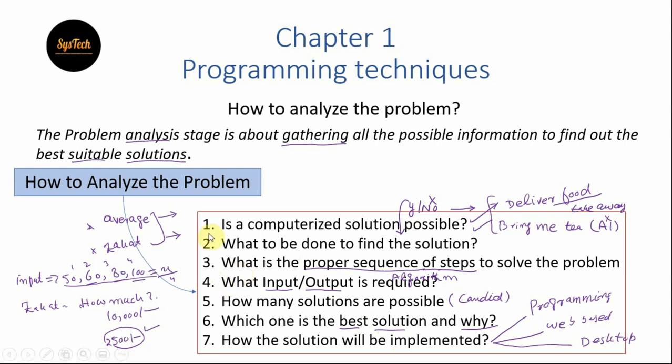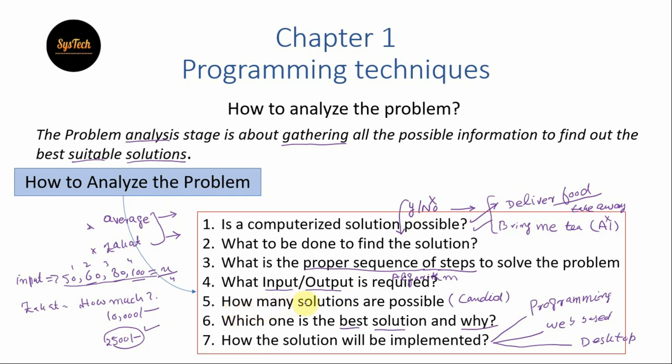So how to analyze the problem? There are 7 steps. Number 1, decide whether the problem can be solved with a computer or not. Number 2, if you can solve this problem, decide what is to be done to find out the solution. Then what is the proper sequence? And number 4, what input and output is required?